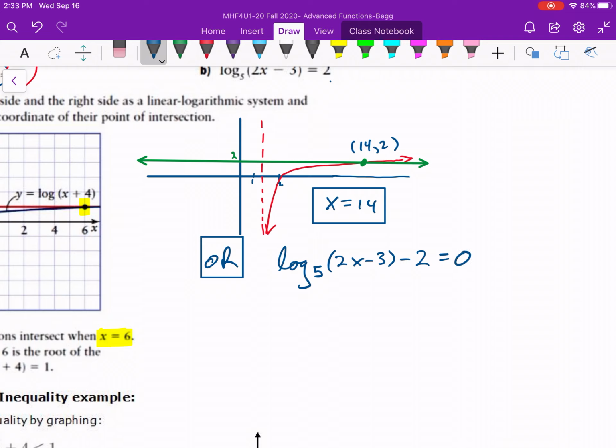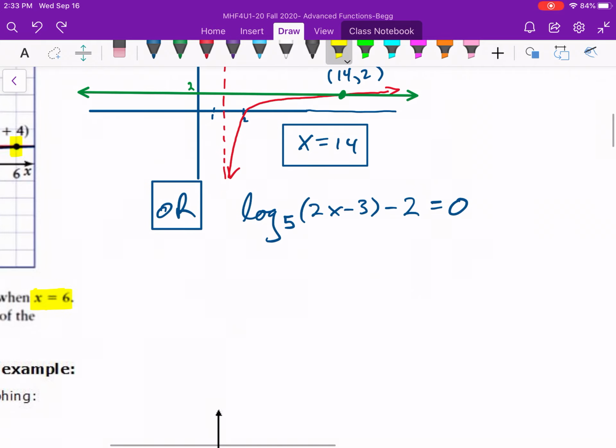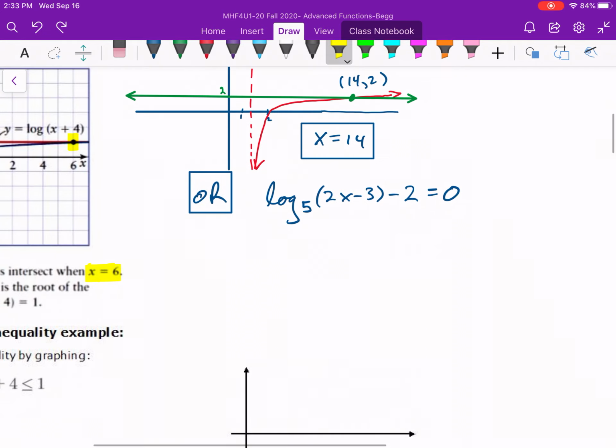I can't combine this 3 and this 2 because of order of operations. That 3 is inside the brackets. I'd have to deal with the log first. So these have to stay separated, in case you were wondering why we didn't combine that into a minus 5. We can't. But we can certainly graph that and see what we get.